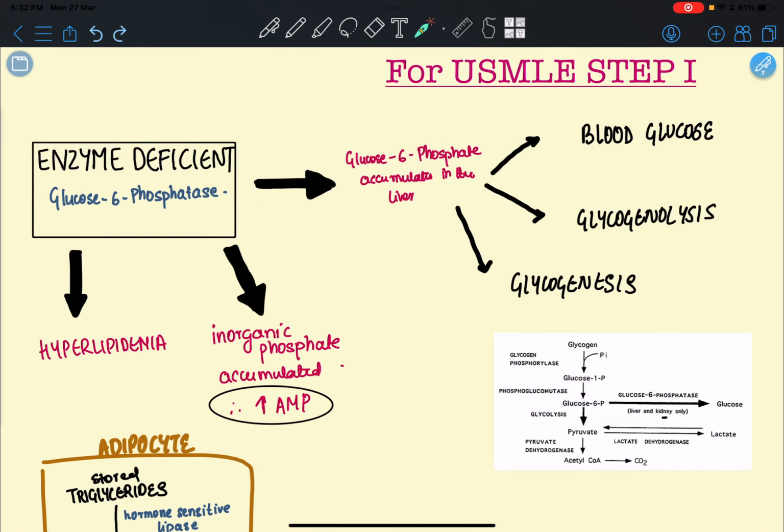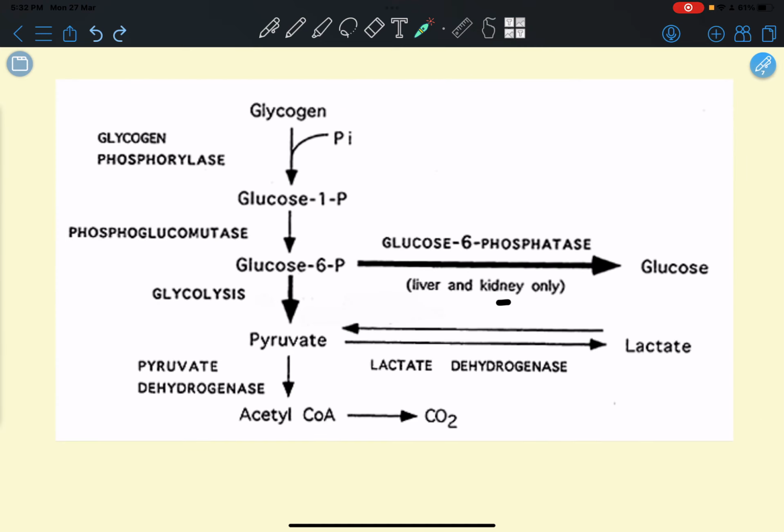So first of all, glucose 6-phosphatase, where does this enzyme come in? It comes in glycogen metabolism, that is glycogen synthesis and glycogen degradation, glycogenolysis. This image describes it. When degradation is occurring, the second to last step is glucose 6-phosphate.